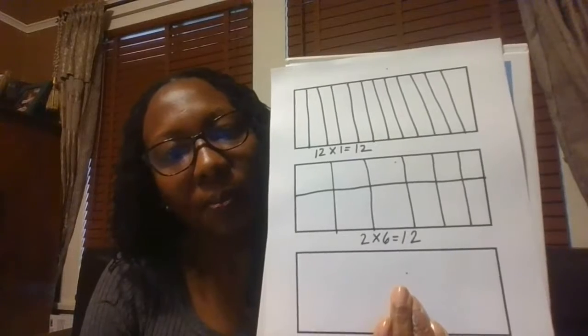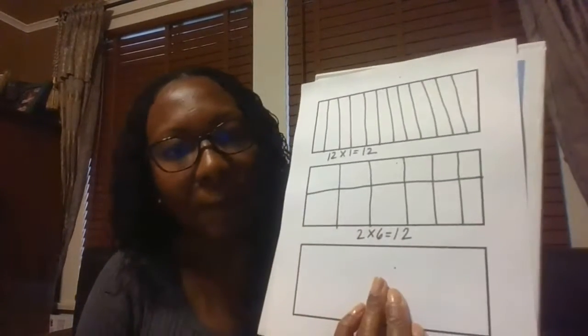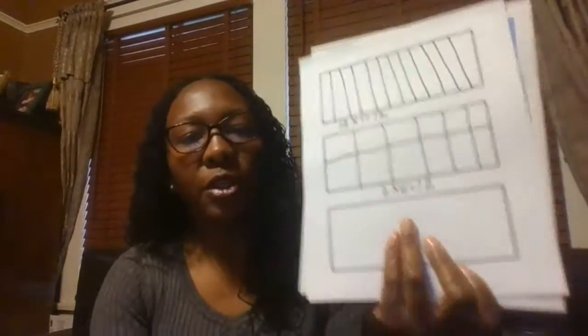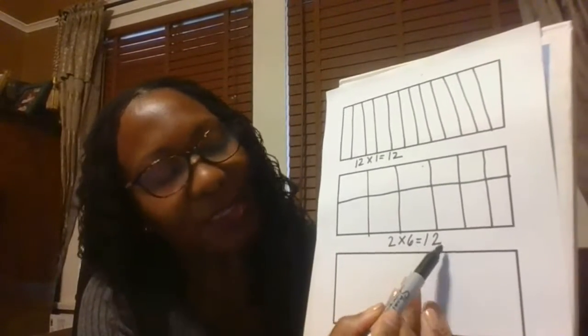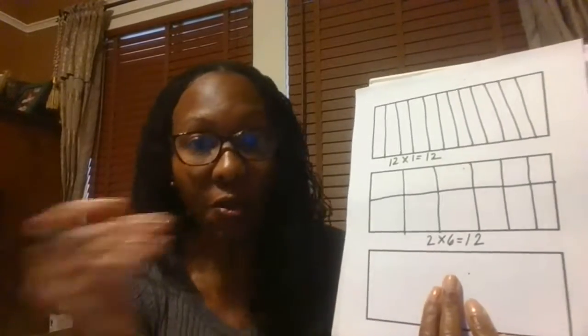All right. So 2 and 6 are factors. So we know that we can use the commutative property. So if 2 times 6 equals 12, we know that 6 times 2 also gives us 12.